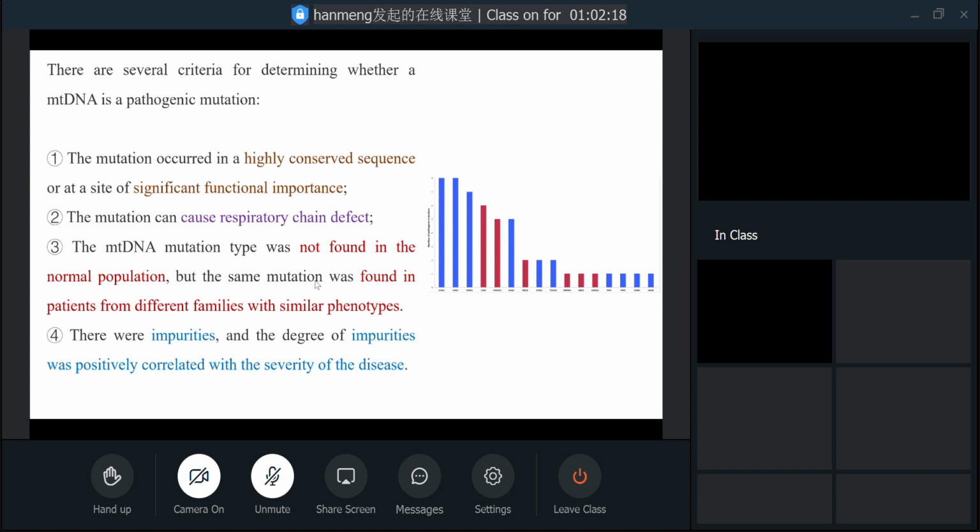Four, there were impurities, and the degree of the impurity was correlated with the severity of the disease.